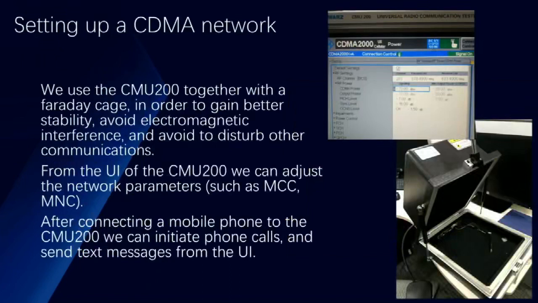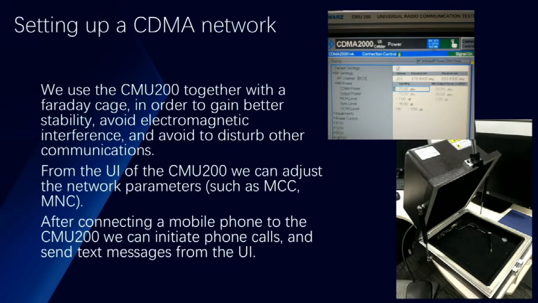We use this machine together with a Faraday cage, a shielding box, in order to gain better stability. We also use this cage to avoid any interference. You cannot disturb any common communications in the air, otherwise you may break the law in many countries. So we have to do that.